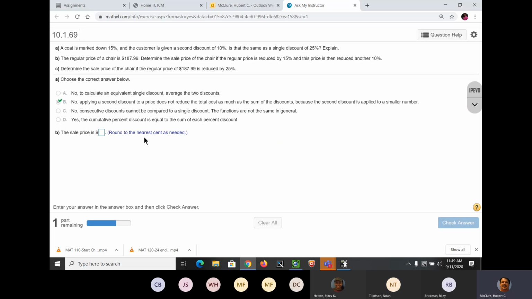Okay, let's look at the second one. The second one says the regular price of a chair is $187.99. Determine the sale price of the chair if it's reduced by 15%. Walmart equation: 187.99 minus 0.15 times 187.99 is equal to the total. So that's what you're going to use.